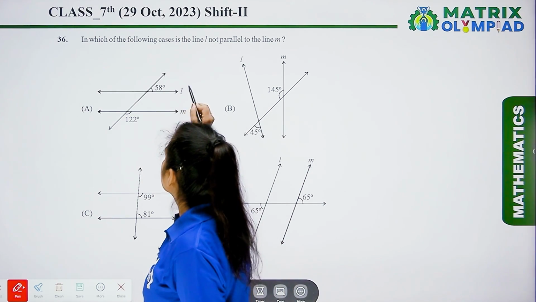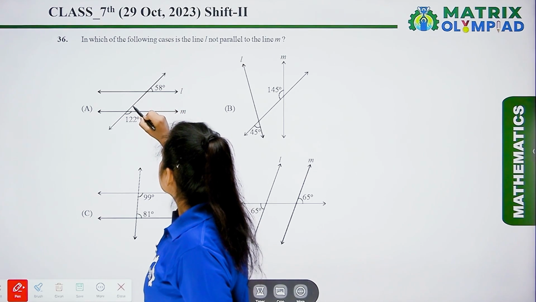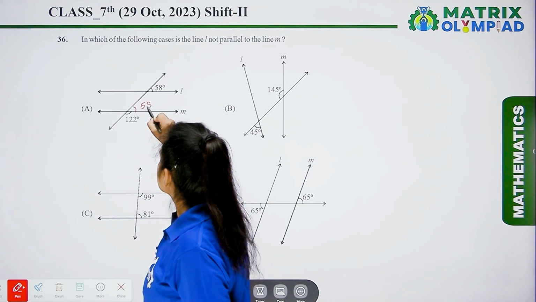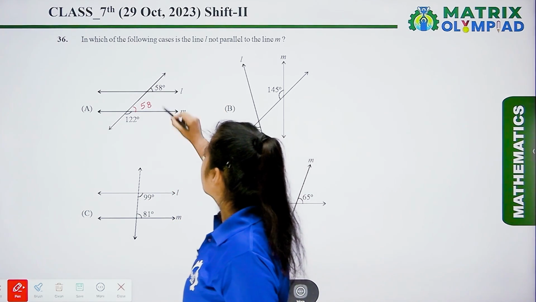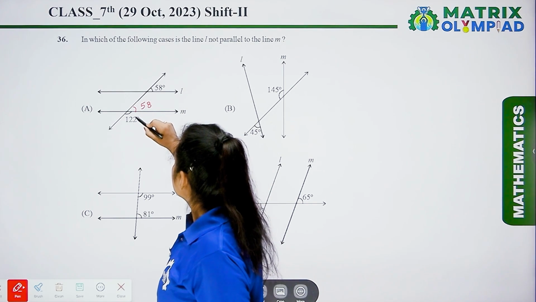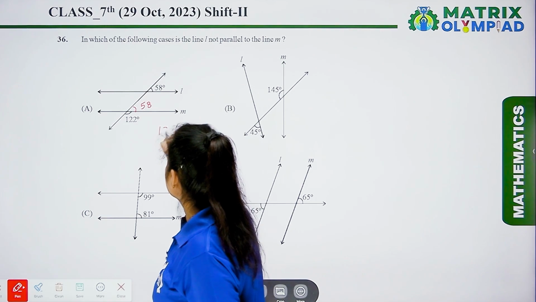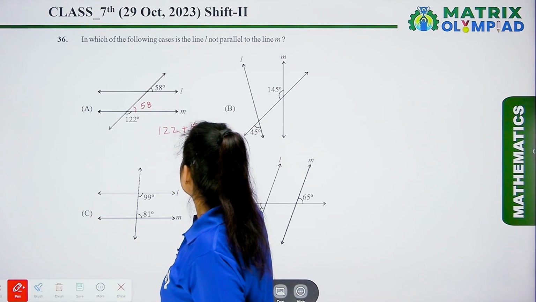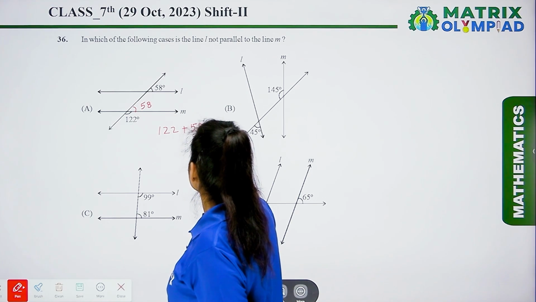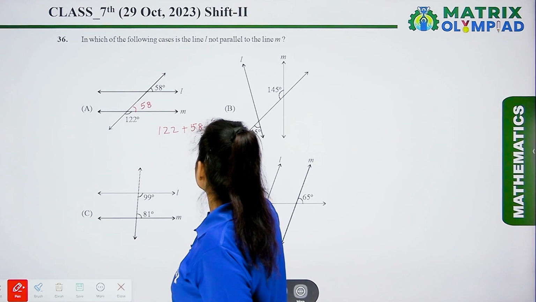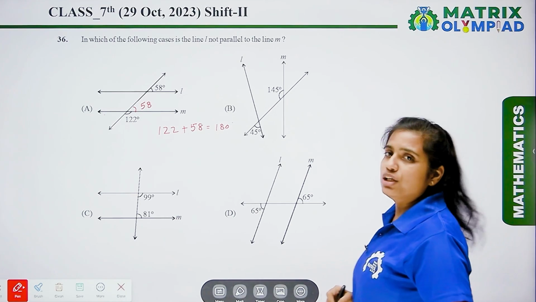In option A, this is 58, and if this angle is 58, then this angle is also 58 if line L is parallel to M. And according to the straight line rule, 58 plus 122 equal to, so it is 180 degrees. It means this L is parallel to M.